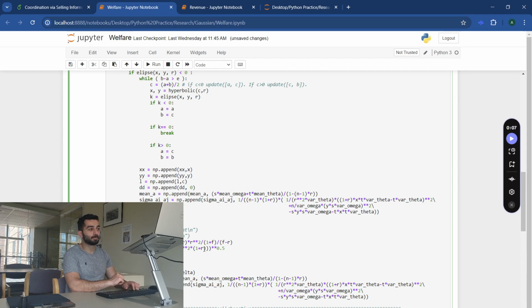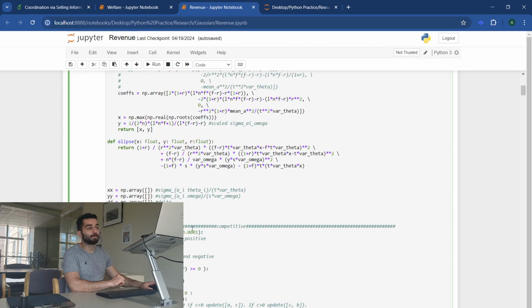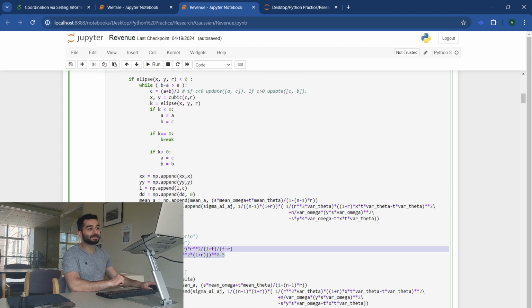Why does it have? So it seems our revenue code still has problems.